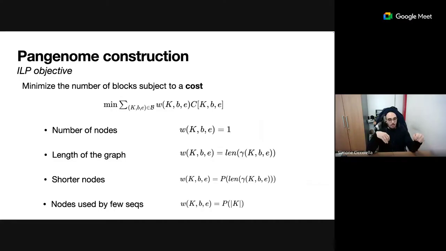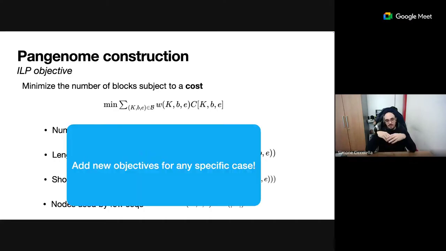While they tend to have some similarity between them, all of them can be used to optimize a different part of the graph, such that we result in slightly different topologies that still explain the same input. The beauty of this is that, first of all, it's easy to add a new objective function.